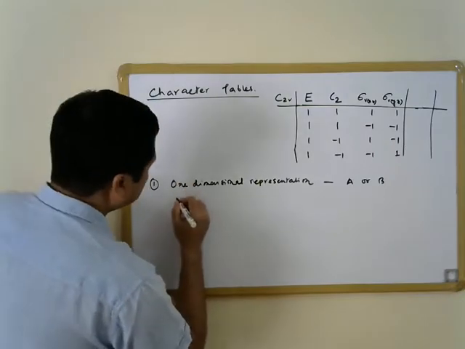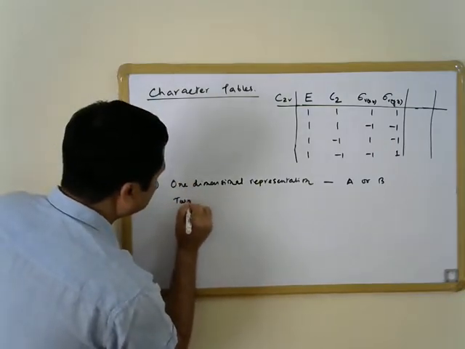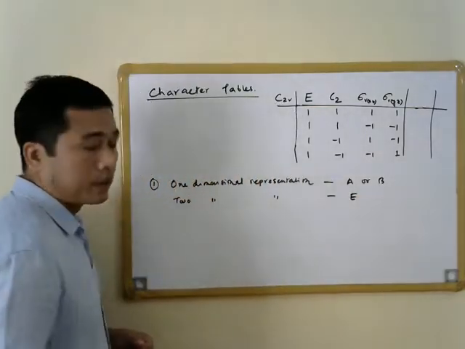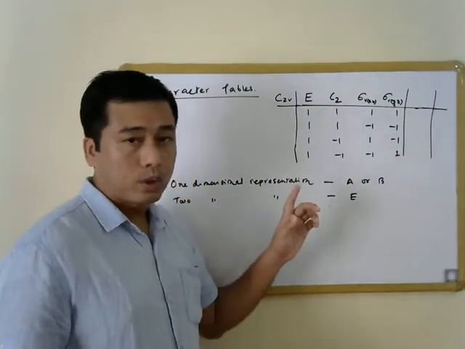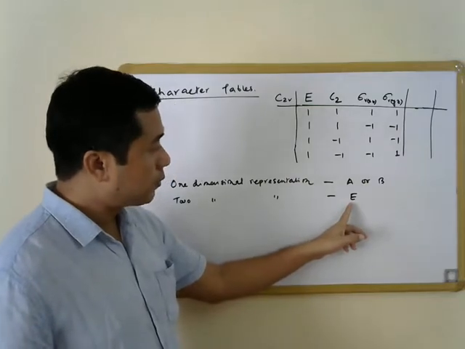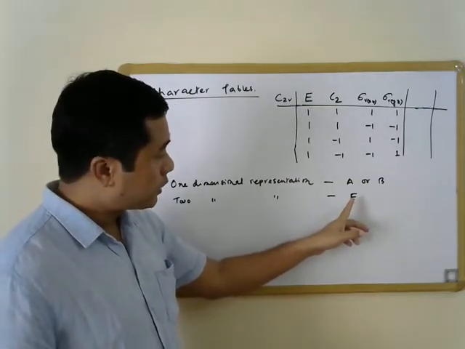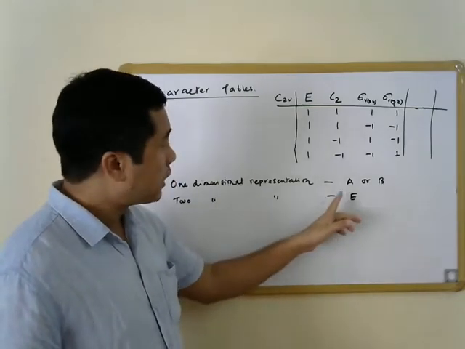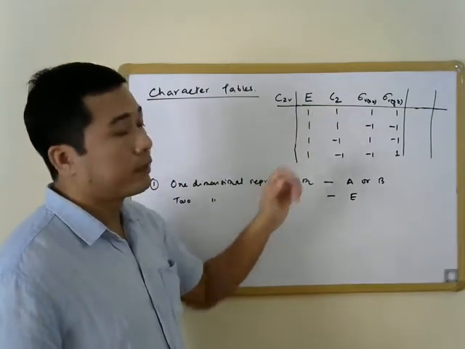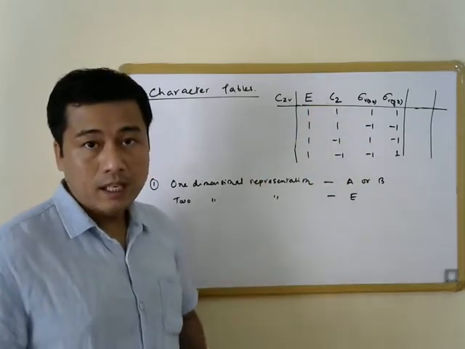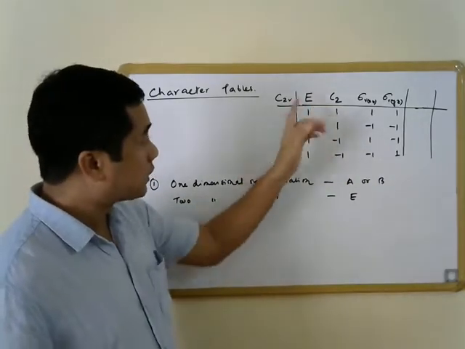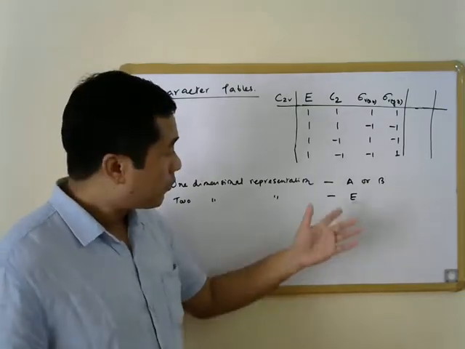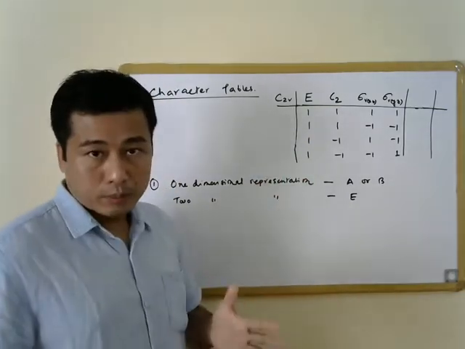So next, what we see is that for a two-dimensional representation, you use the symbol capital E. Now you should note that this capital E, which represents a two-dimensional irreducible representation, is not the same E that we write over here, which is the identity operation. That E is the symbol for the identity operation, while we write E here as a Mulliken symbol.